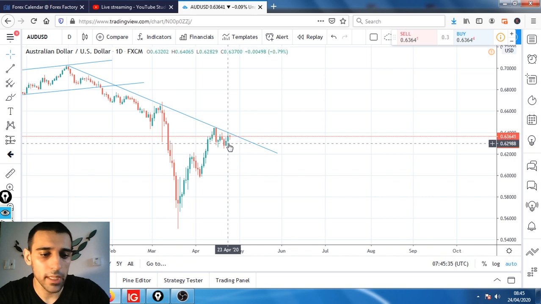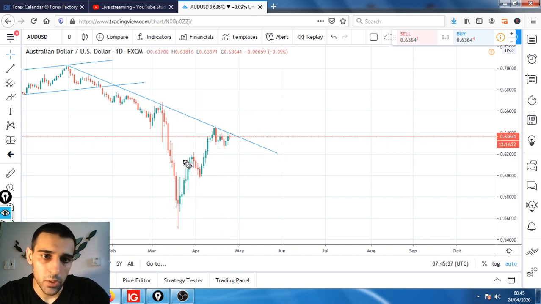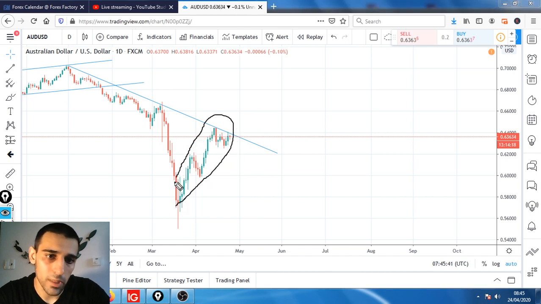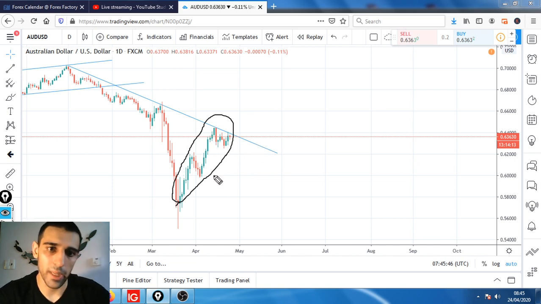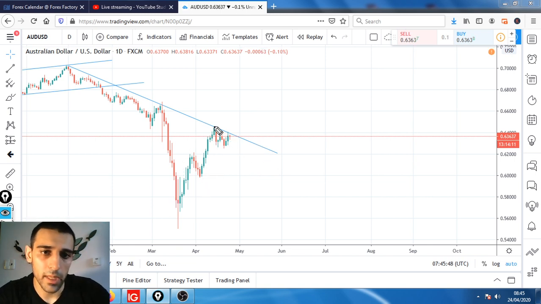The big trend is still down. However, we had this nice move towards the upside this week and last, so 2-3 weeks now, and the price came up to this trend line. It tested, came down, had this aggressive reaction towards the downside, and had this kind of move, like a double top in a way, and now it's kind of struggling to break this trend line, so you might want to go down.